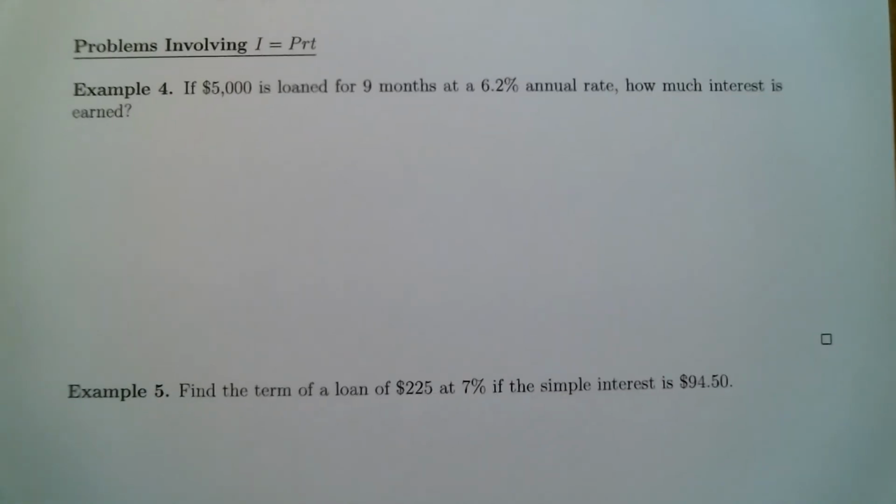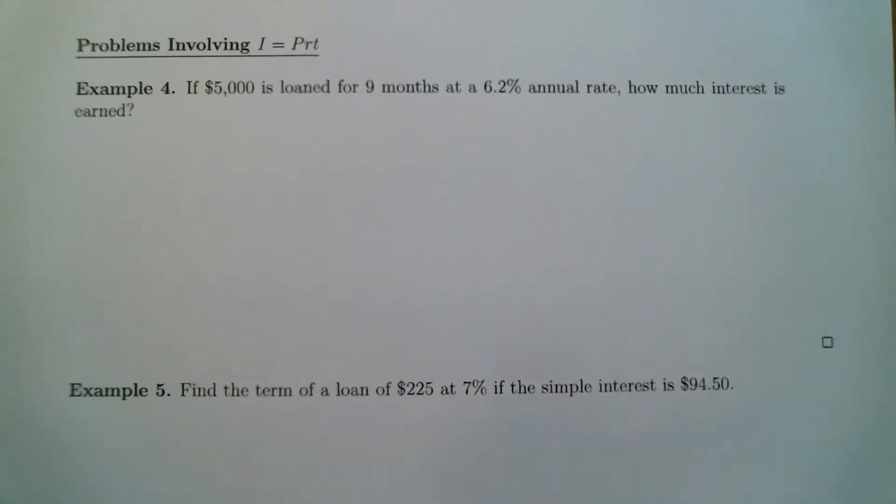Okay, so let's concentrate on examples 4 and 5 where we're using I equals PRT. In example 4, if $5,000 is loaned for 9 months at a 6.2% annual rate, how much interest is earned?